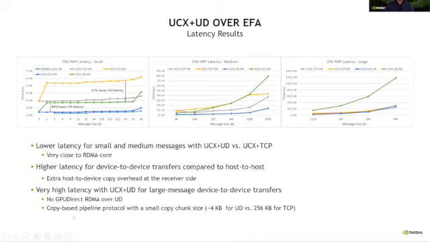That means that we used a copy-based pipeline protocol, but the problem is for UD, the copy chunk size of this protocol will be smaller. It will be around 4 kilobytes because of the MTU size that we have with UD. And for TCP, this copy chunk size is actually larger. So that's why we see that TCP actually gives better latency for large message device-to-device communications.